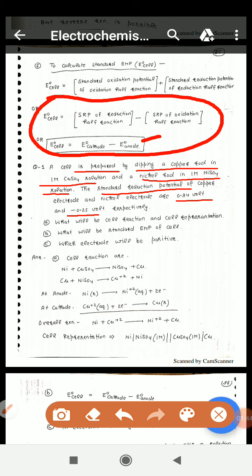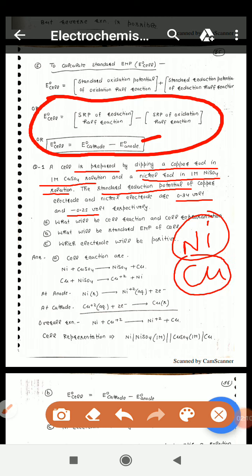In this question, for the solution, first you identify which metals are given. Here the two metals given are nickel and copper. In the electrochemical series, nickel comes first and copper comes after nickel.